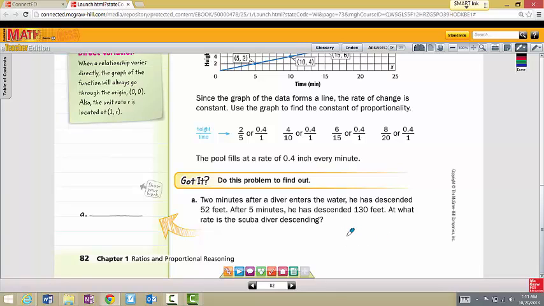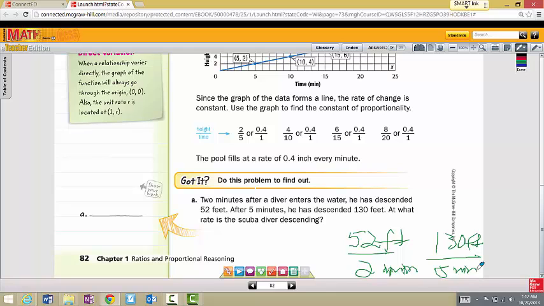So you have 52 feet at 2 minutes, and then you have 130 feet at 5 minutes. Then you have to just essentially simplify these.